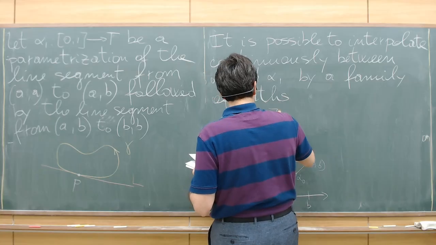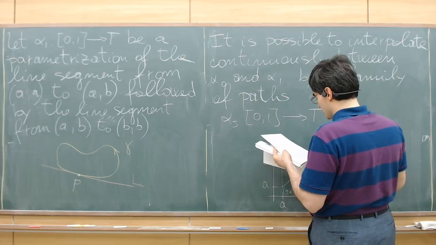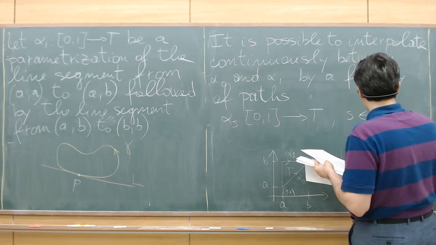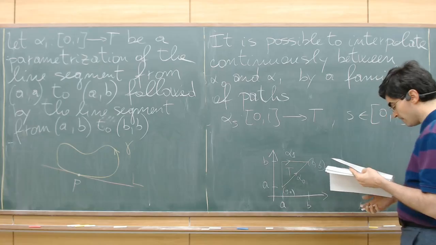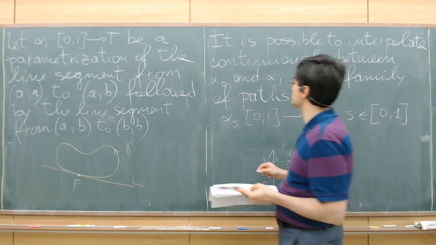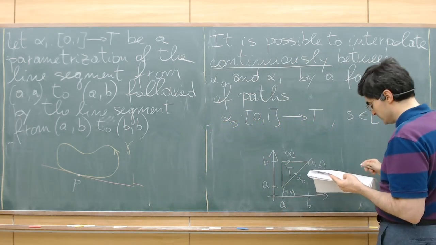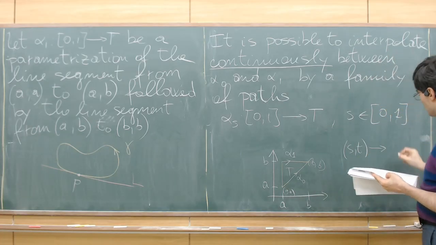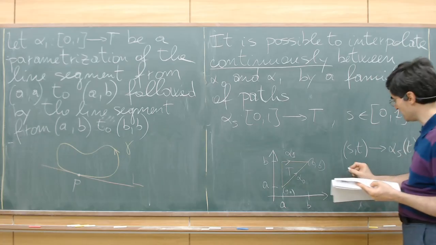They are defined on [0, 1], they take value in T, and the s is a number which varies in [0, 1], and here the word continuously means that the map (s, t) goes to alpha s of t is continuous.